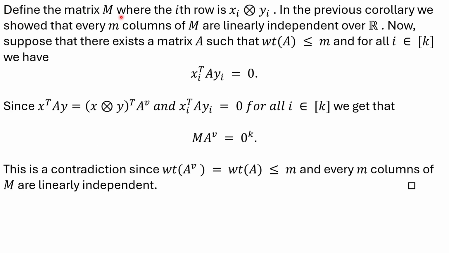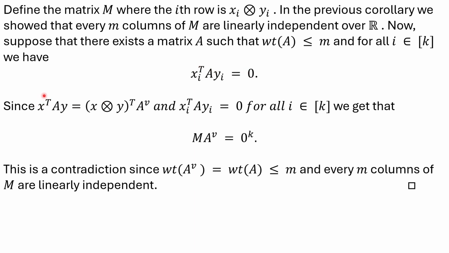Define the matrix M, where the ith row is the tensor product of x_i and y_i. In the previous corollary, we showed that every m columns of M are linearly independent over R. Now, suppose that there exists a matrix A such that the weight of A is less than or equal to m, and for all i from 1 to k, we have x_i transpose A y_i equal to 0.